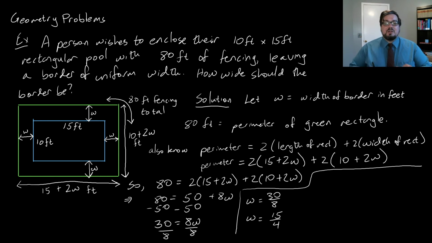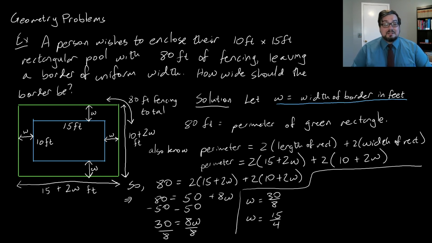But we need to go back and make sure that we understand what that means in the context of the problem, and then we need to actually answer the question in the context of the question. So we have that W is 15 over 4. W, we come back up here and look, W is the width of the border in feet.